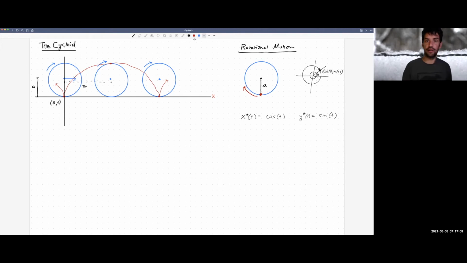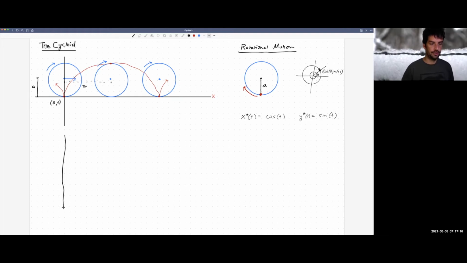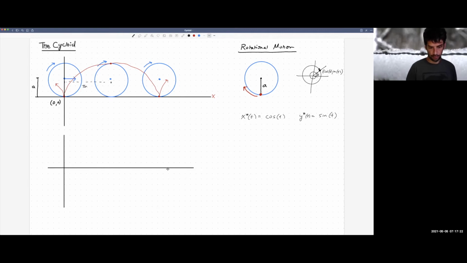Well, let's add a graph here. Maybe we'll use this as an opportunity to remind ourselves of a few different things. So I'm going to sketch the graphs of sine and cosine. So let's get ourselves one period, out to 2 pi. Put pi in the middle.